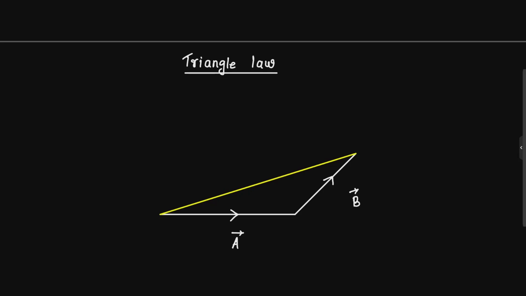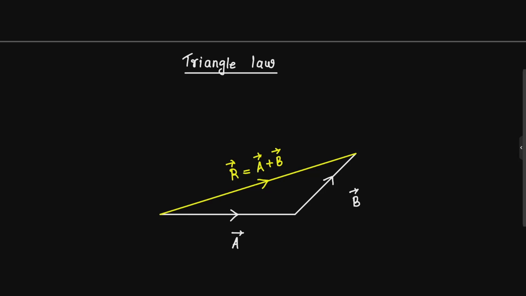Then you have to take the resultant arrow in the opposite sense. These arrows are going in the anti-clockwise direction, so opposite to that, in the clockwise direction, you have to give the vector, and this will be your vector R, and vector R will be vector A plus vector B.